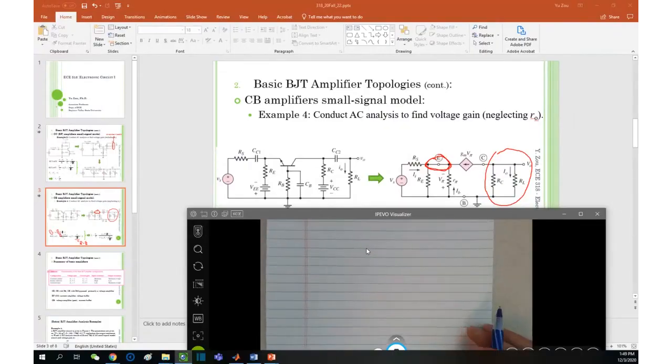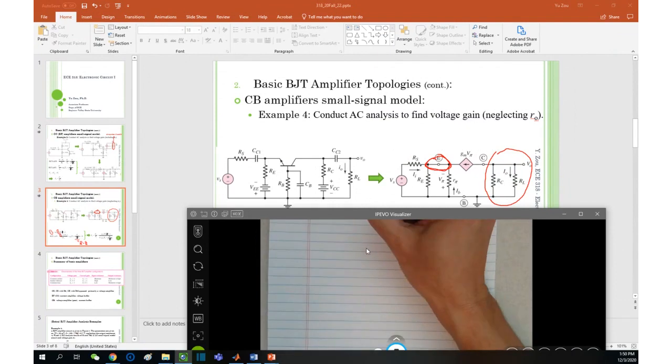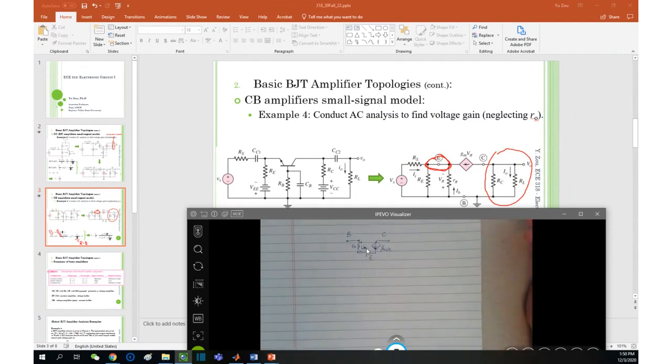Well, let's begin with the basic model. This is NPN or PNP? NPN. Okay, so this is the basic model, and then we start extending the circuit terminal by terminal. So first of all, base is like this, right?